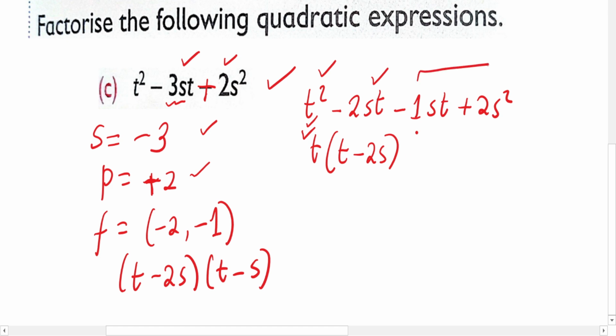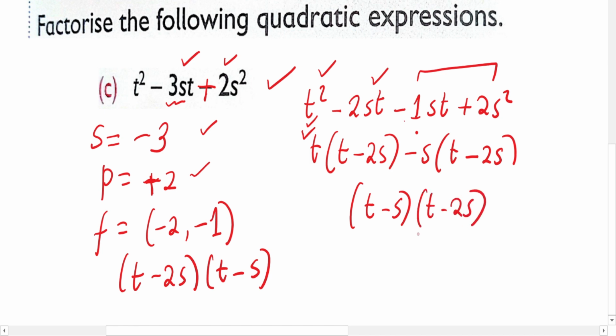And for this one as well, the common factor is minus s, so you're going to get positive t, and for the other one, 2s squared divided by minus s, you get minus 2s. That is why you're going to get t minus s and t minus 2s. So whichever one you use, you're just getting the same correct thing.